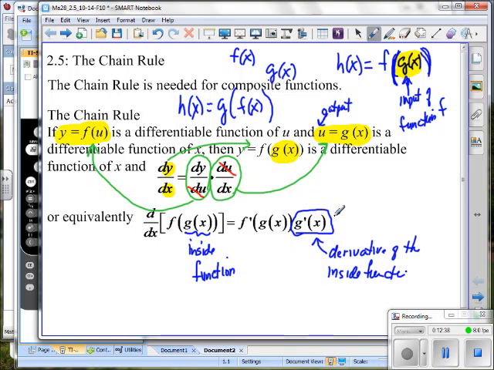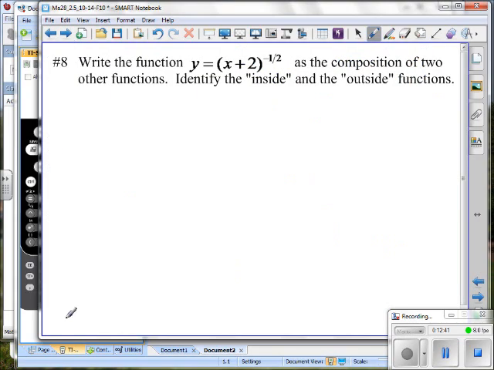Let's see. I'm watching the clock here, so let's go to this problem though. The first thing I want to do is write it as the composition of two other functions, because the key here is, can we see a composite function? If you can't see a composite function, it's a little harder to do this work.